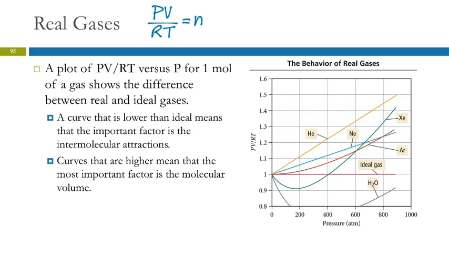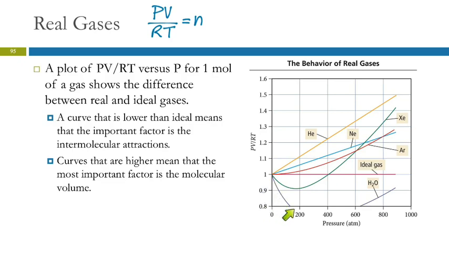Real gases, though, are going to behave differently. So here, helium is a nice straight line, but it's always above. And what this means is that the most important factor causing deviation here is the actual molecular volume. Helium particles have very little attraction for each other. Water molecules have a significant amount of attraction for each other.